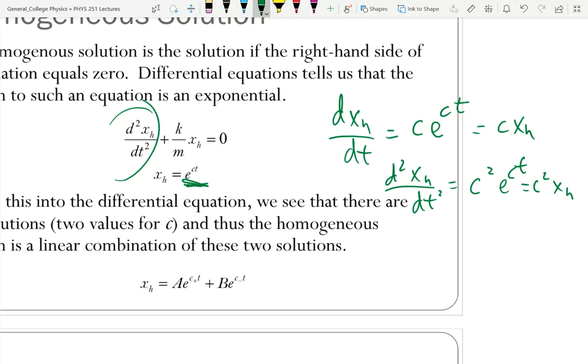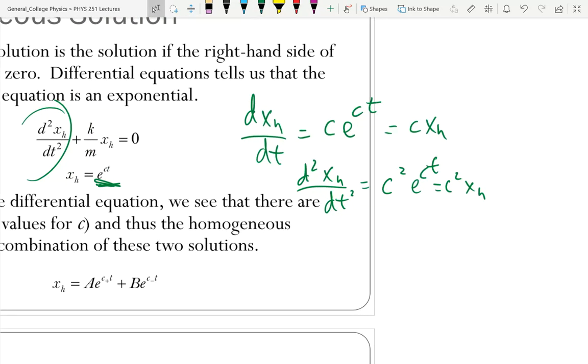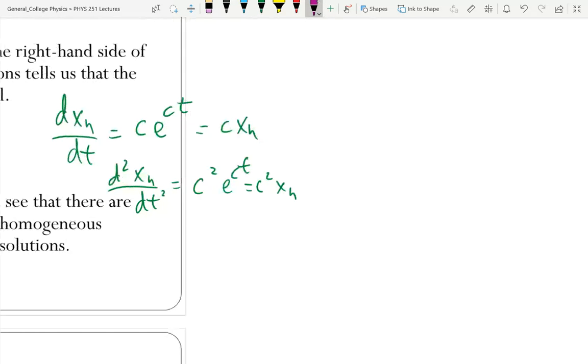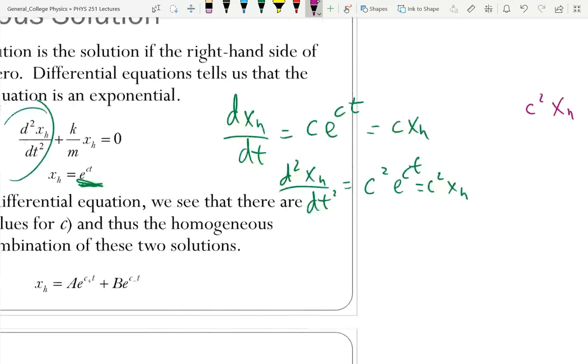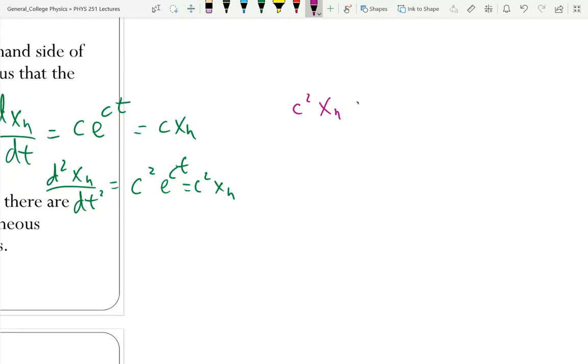If you can do the first derivative, you can do the second derivative, right? It's the same derivative. So now we can plug that in. So my differential equation becomes c squared x sub h plus k over m x sub h equals 0.